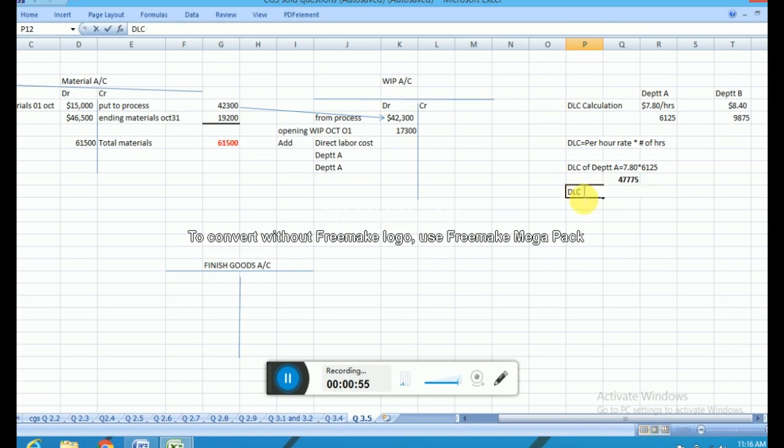Now the direct labor cost of department B, we will find out.